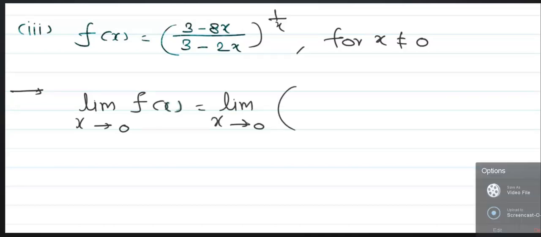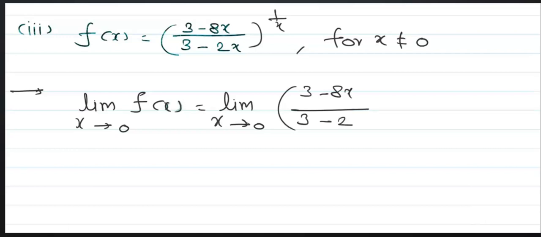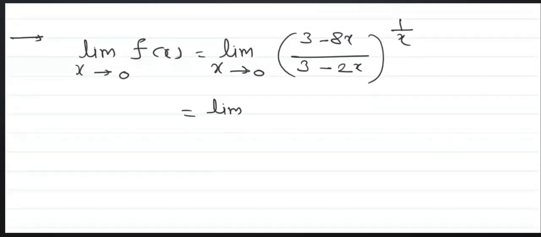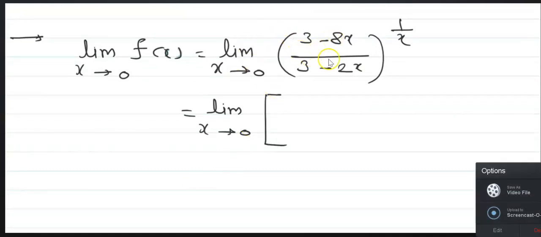And in this case, we will apply the formula that is limit x tends to 0, (1 plus x) bracket raised to 1 upon x, the value is e. Therefore, now see this here. Now in place of the 3 we require here 1. Therefore this numerator and denominator we will divide by 3.